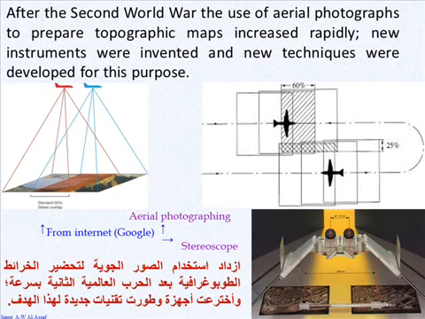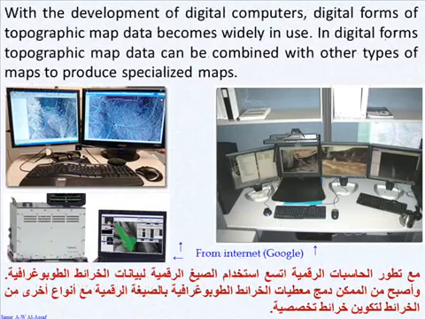New instruments were invented and new techniques were developed for this purpose. With the development of digital computers, digital forms of topographic map data became widely in use. In digital forms, topographic map data can be combined with other types of maps to produce specialized maps.